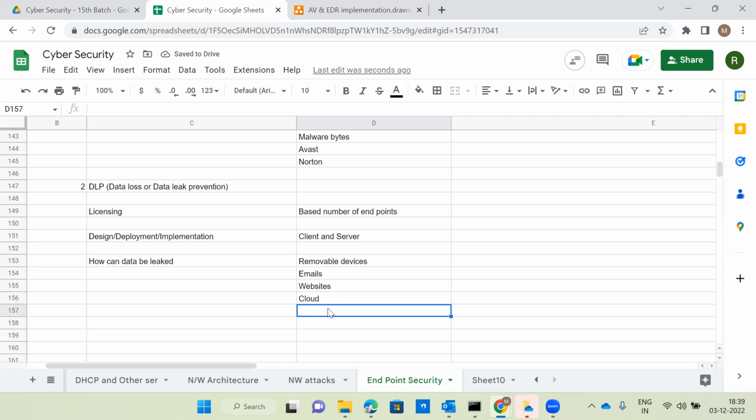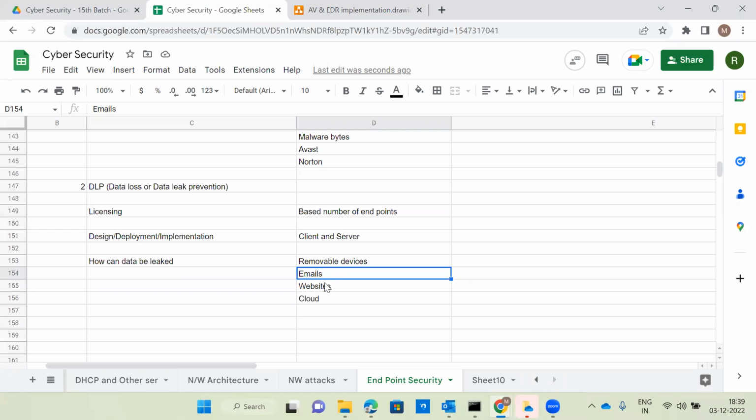Removable devices, you already know. One is through a pen drive or memory stick or external hard disk or maybe Bluetooth or P2P devices and so on. We know only 3 categories under removable devices, but there are 9 categories once again for removable devices. Second one is emails, sending from personal to professional and also professional to personal.